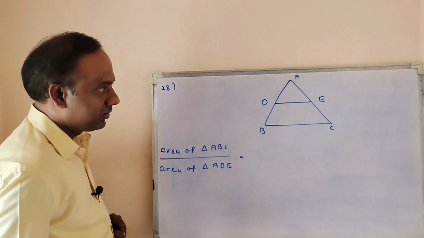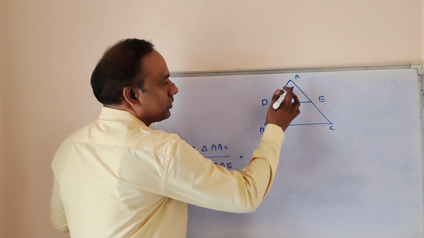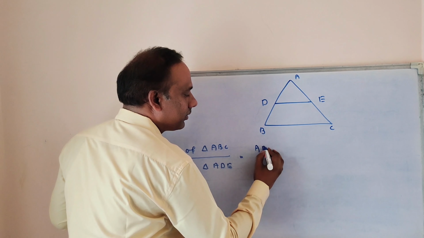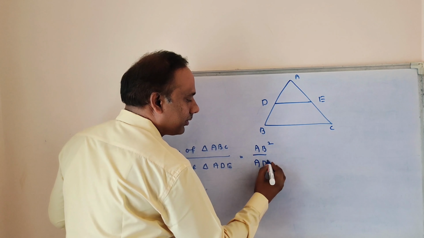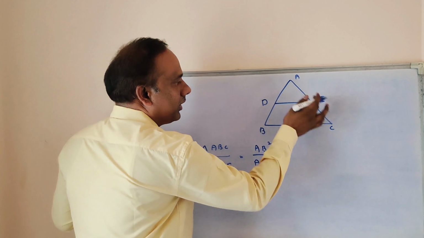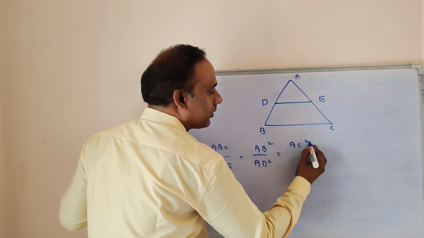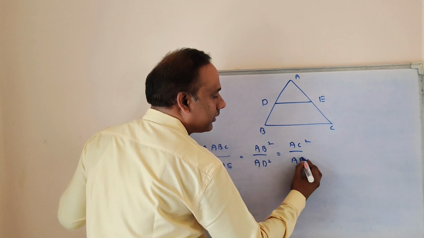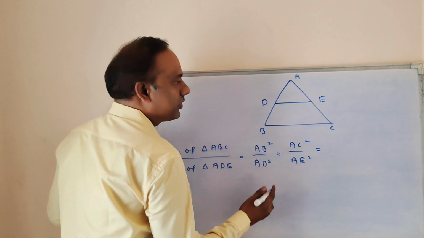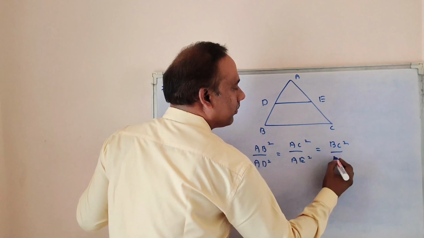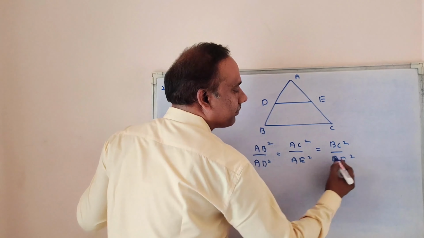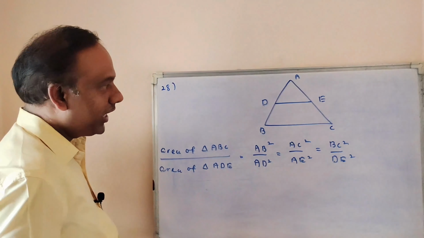That means AB square by AD square is equal to AC square by AE square is equal to BC square by DE square.